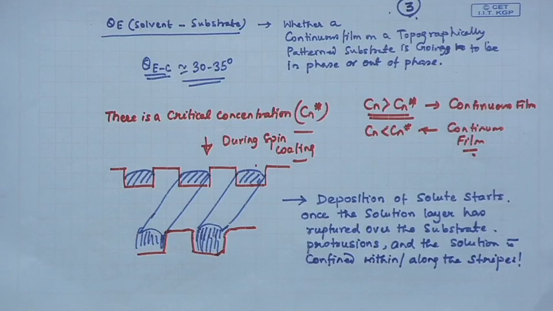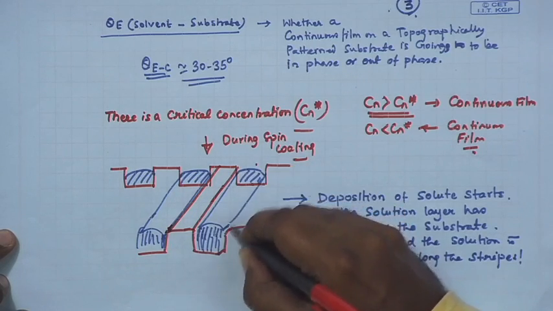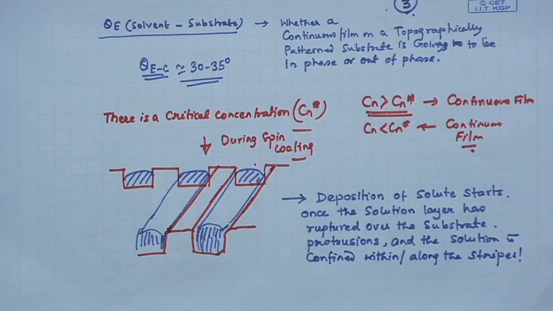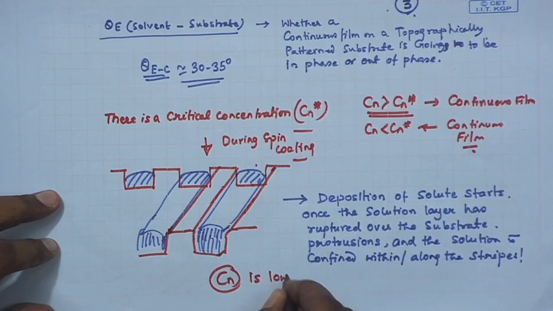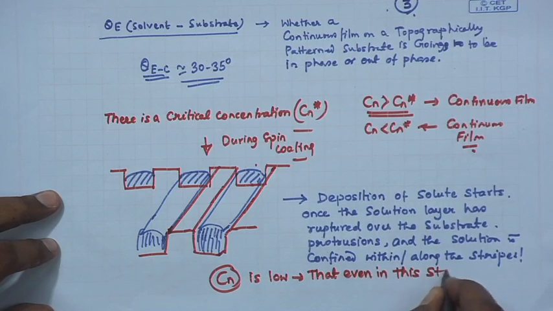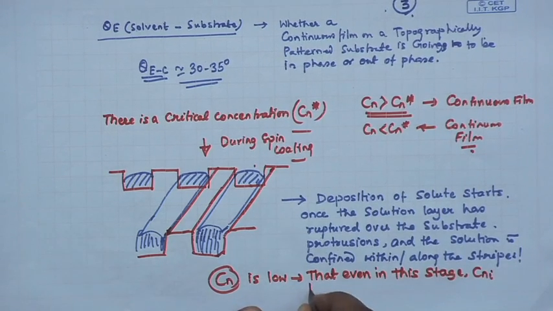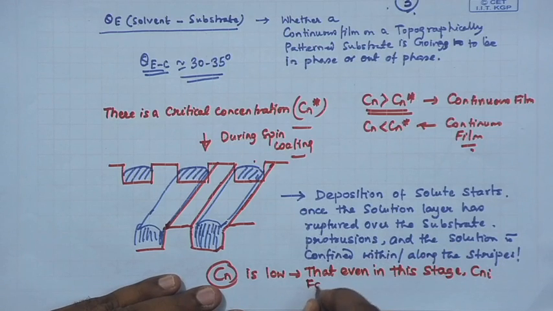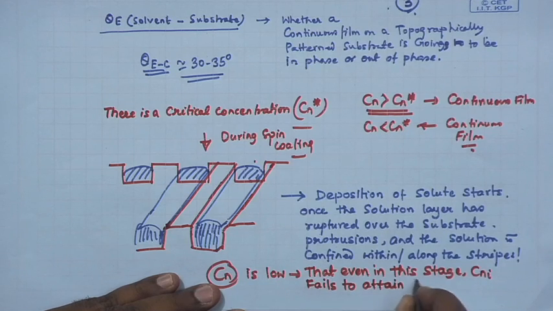Well, so this is the substrate geometry and here are your polymer solution threads. What happens if your initial Cn is so low that even in this stage Cni fails to attain CNS?